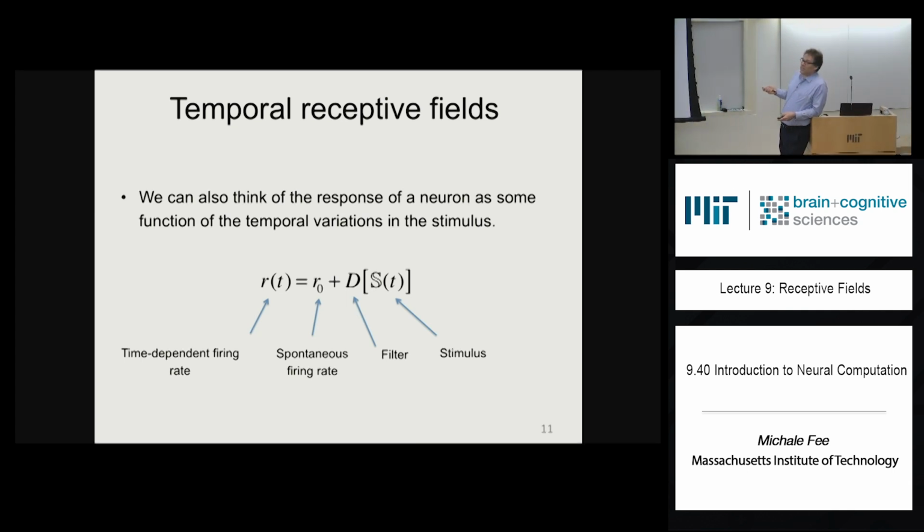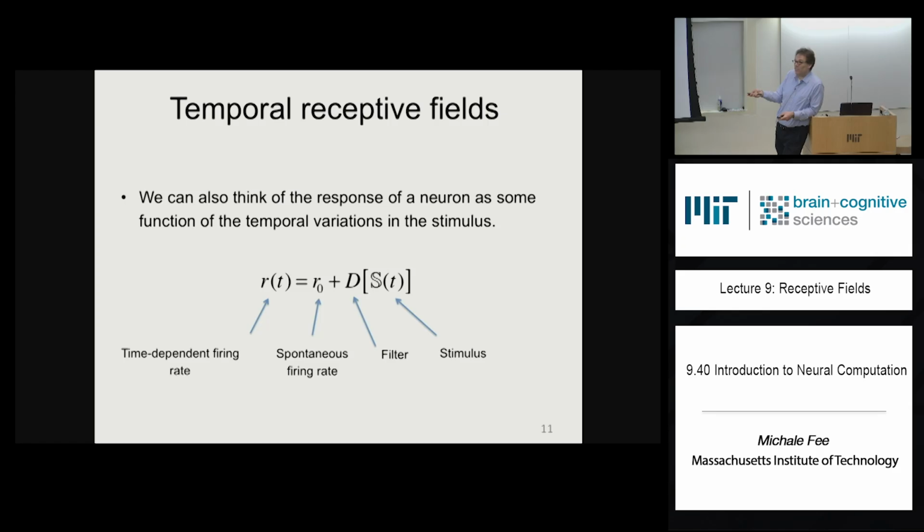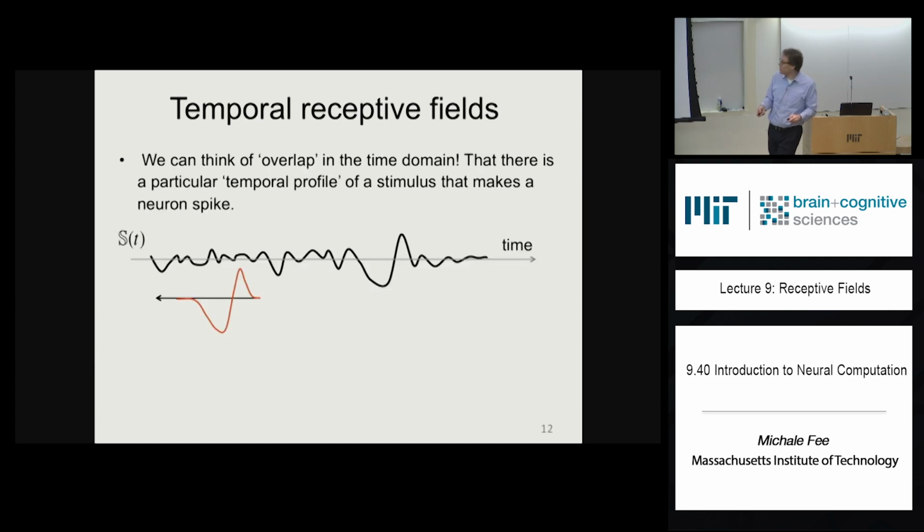Instead of a stimulus that's a function of position on the retina, let's say, we're going to take a stimulus that's a function of time, and we're going to operate on that temporal stimulus with a filter that also has a temporal sensitivity. We're going to get the output of that filter added to a spontaneous firing rate, and we're going to get a time-dependent firing rate. Okay? So let me just show you what this looks like.